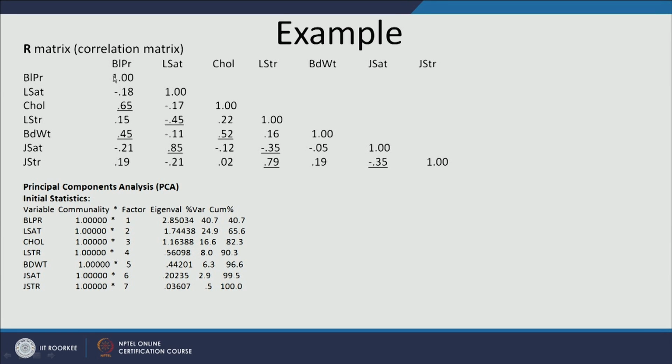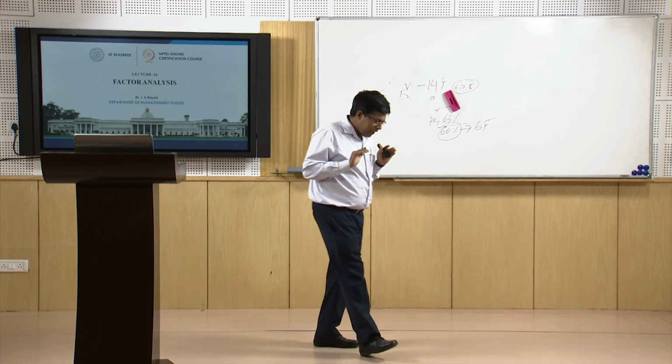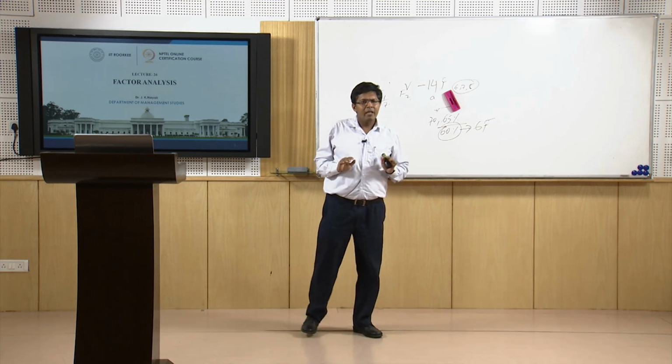Now suppose the first variable is related with itself as 1, right. The second one is minus 0.18, right. When it is a minus value, sometimes you find a very significant high value, but it has a negative sign. What does it mean?